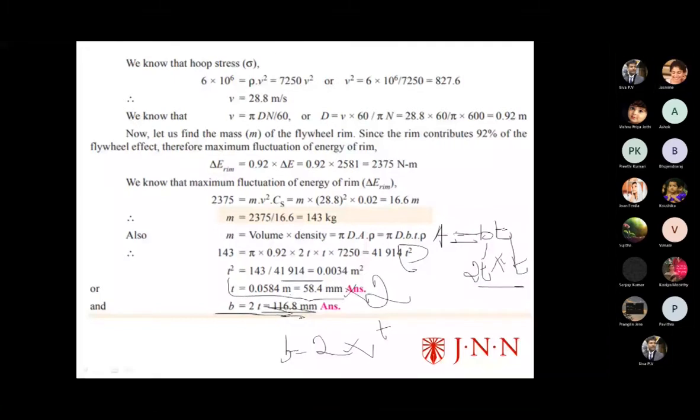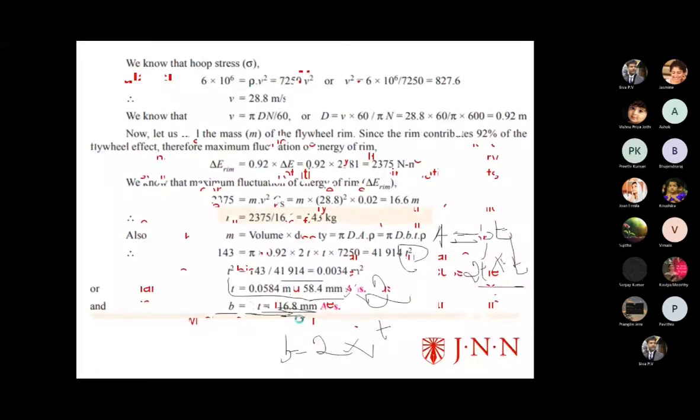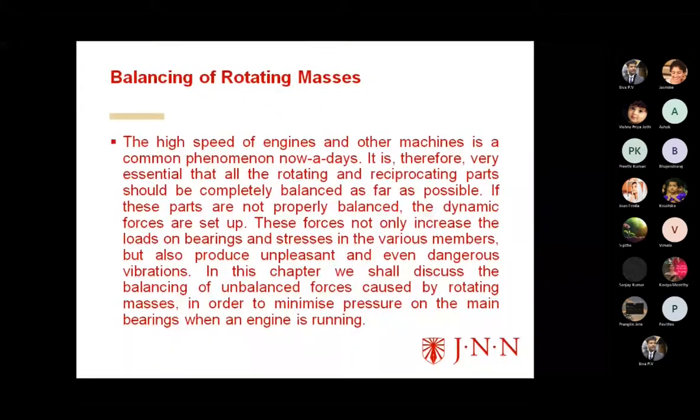Now new topic, balancing of rotating masses. So already we know, nowadays so many machines and mechanisms are involved in our day-to-day life, wherever you go. For example, we are traveling in a vehicle, an automobile.